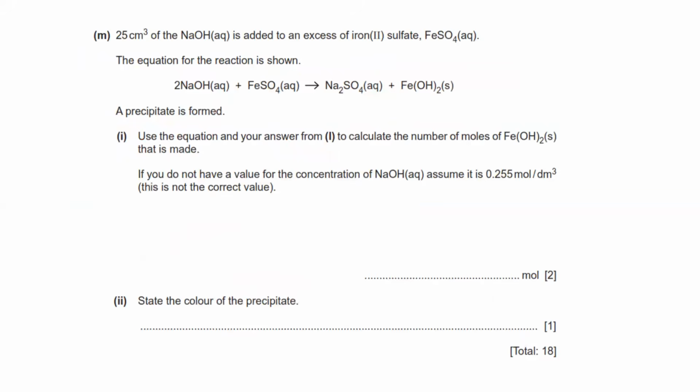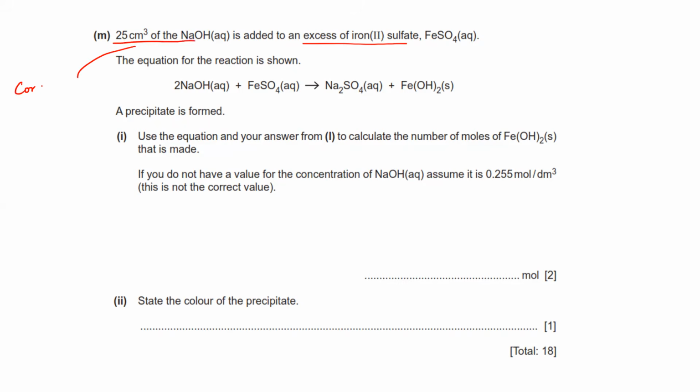So now it says that 25 centimeter cube of sodium hydroxide is added to an excess of iron sulfate. So it means that sodium hydroxide is the limiting reactant. In the equation shown, 2 moles of sodium hydroxide react with 1 mole of ferrous sulfate. A precipitate is formed. So from the equation and from your answer in part L, that gives us the concentration of sodium hydroxide.